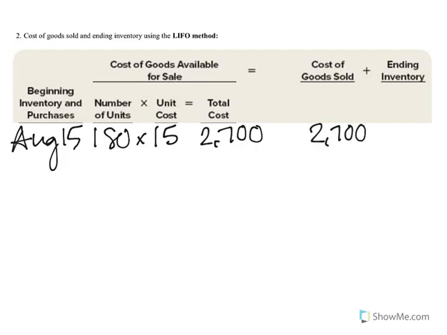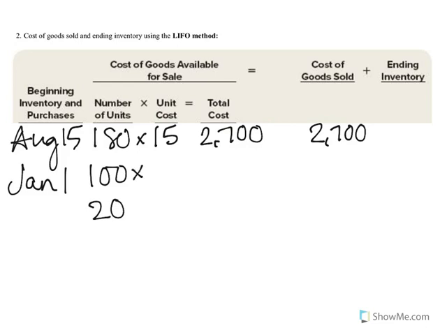Now for the remaining units, on January 1st, we had a total of 120 units available for sale. Now we need to get the number of units sold to 280. So 100 of those are going to go to cost of goods sold, and 20 of those are going to be in our ending inventory.